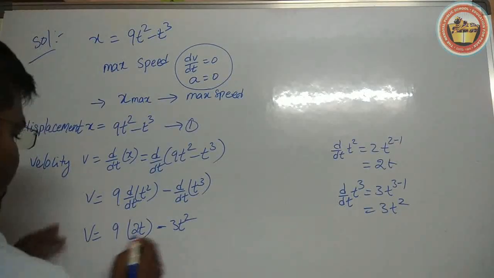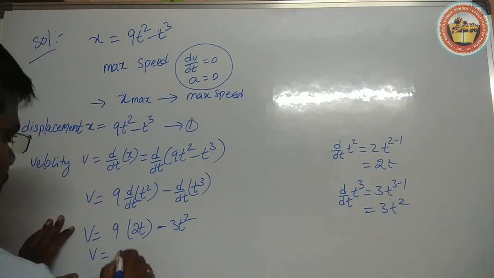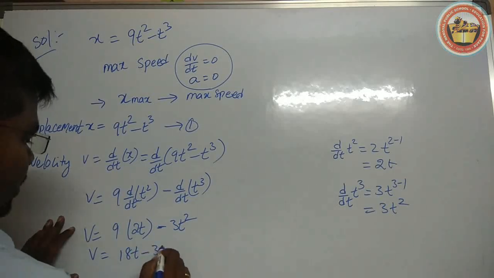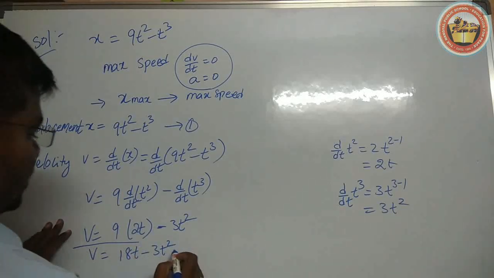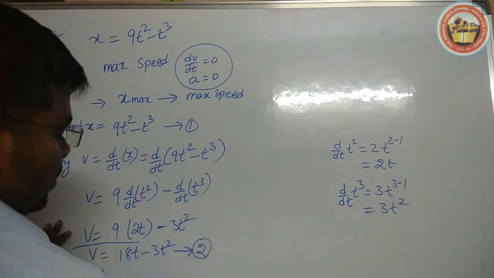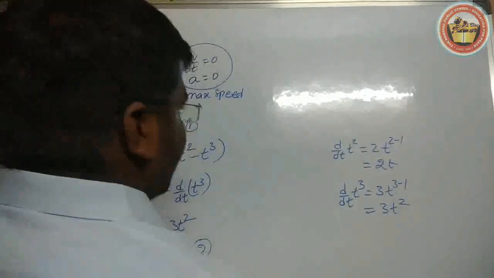Rearranging, velocity is equal to 18t minus 3t square. So this is equation 2.